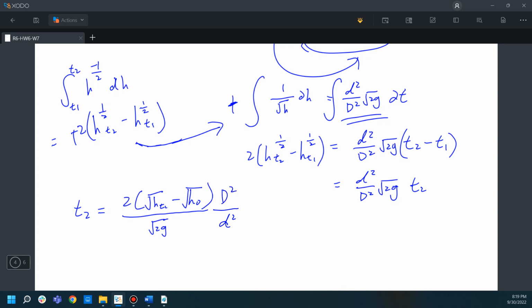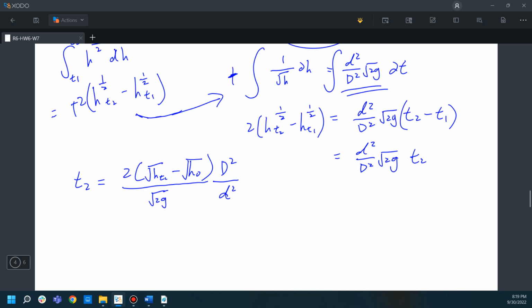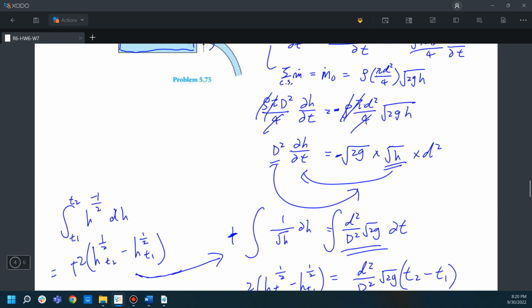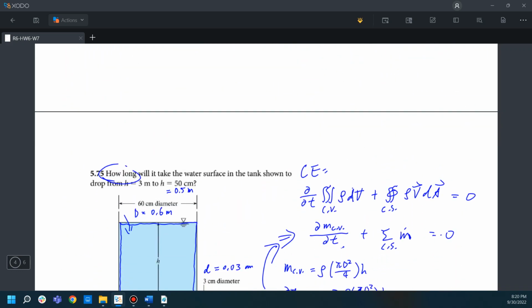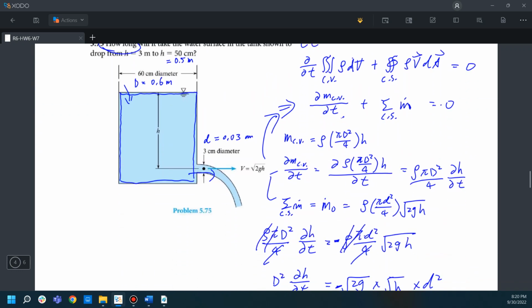Okay, now let's plug in the values. This is 2 times h at t2, which is 0.5 meter.